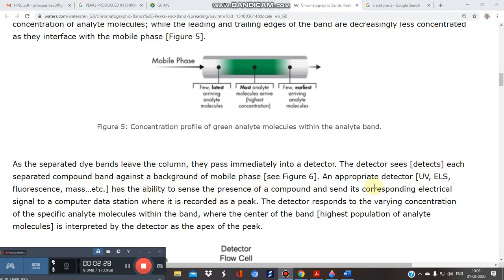The detector has the ability to sense a particular compound and send a corresponding signal, one signal for one compound, an electrical signal to the computer data, where it is recorded as a peak. So in this way peaks are produced. Peaks are nothing but the signals produced in the recorder after the detector, and they correspond to the molecules that are to be separated, or identified.